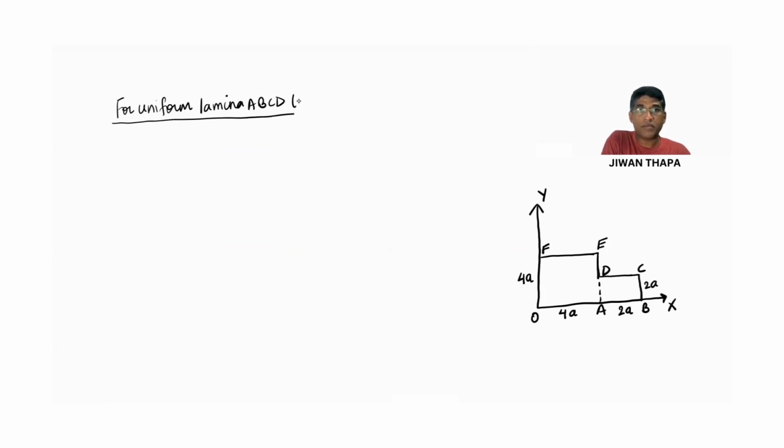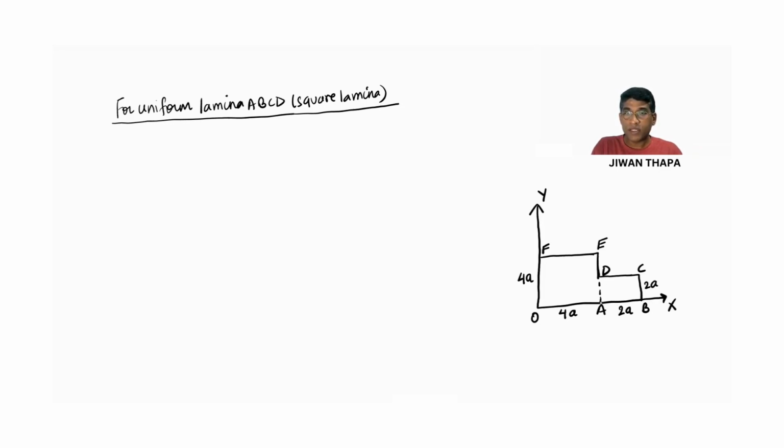It is a square lamina, having width twice A and height twice A. As we did earlier, we first locate its axis of symmetry.